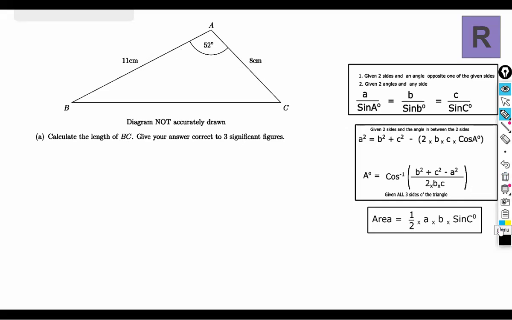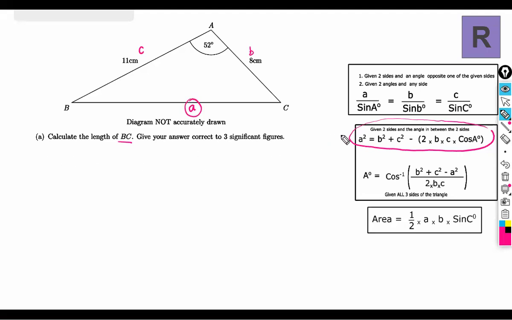So let me just circle which rule we plan to use. Remember, in these rules, common letters represent sides and capital letters represent angles. If here's capital A, over here's common A. If here's capital B, over here's common B. If here's capital C, over here's common C. So it just so happens BC is common A, so we're looking for common A, right?